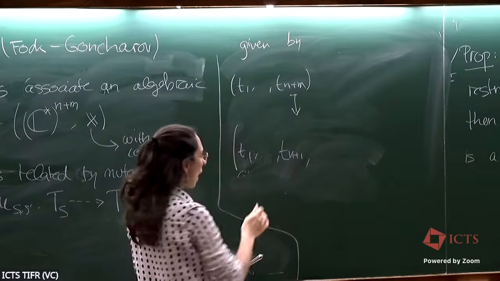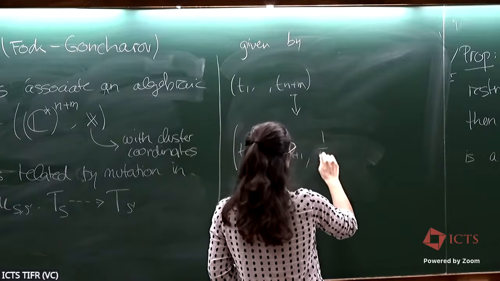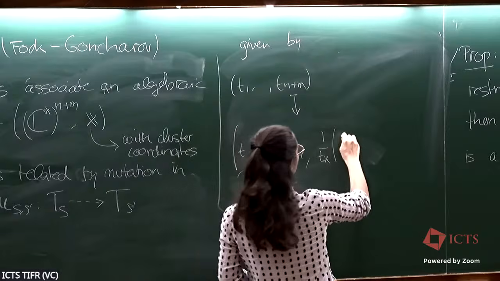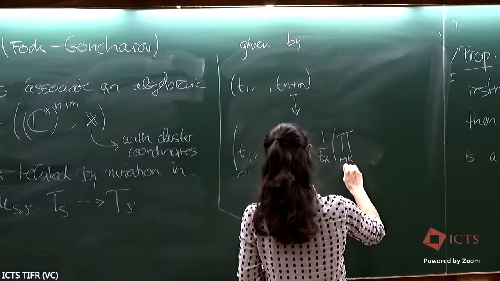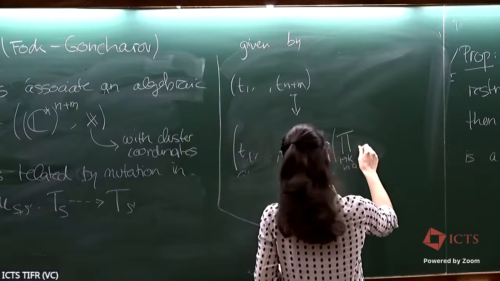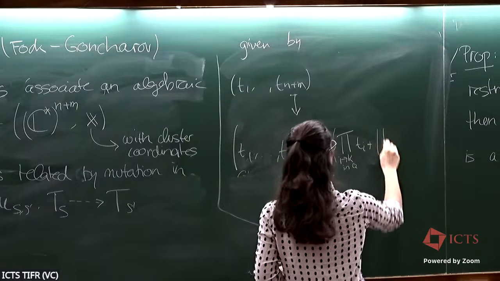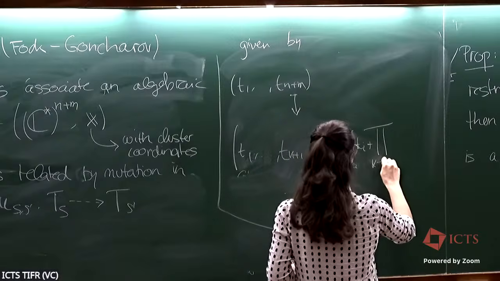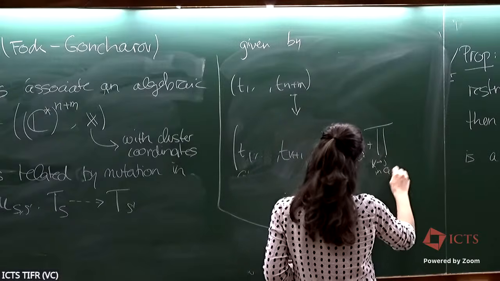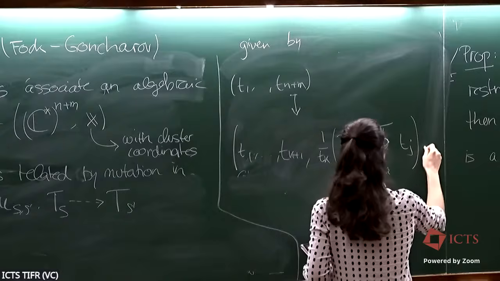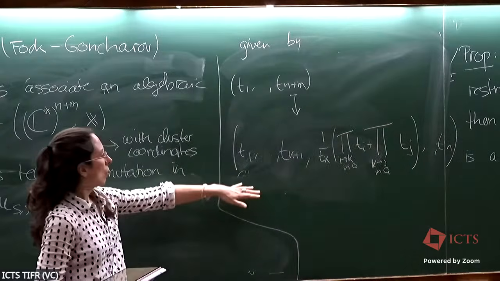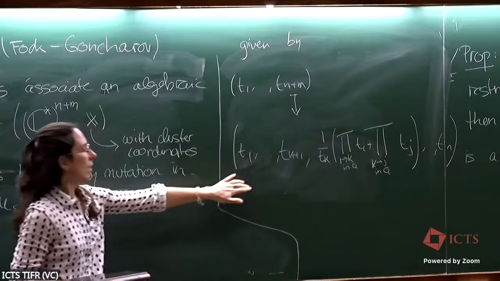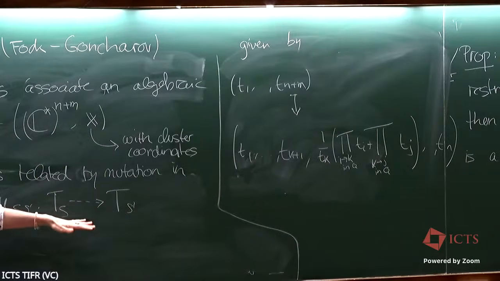And then in the kth entry, I just place my mutation rule. And the rest, I keep them the same. So this is a birational map. Let's check why.